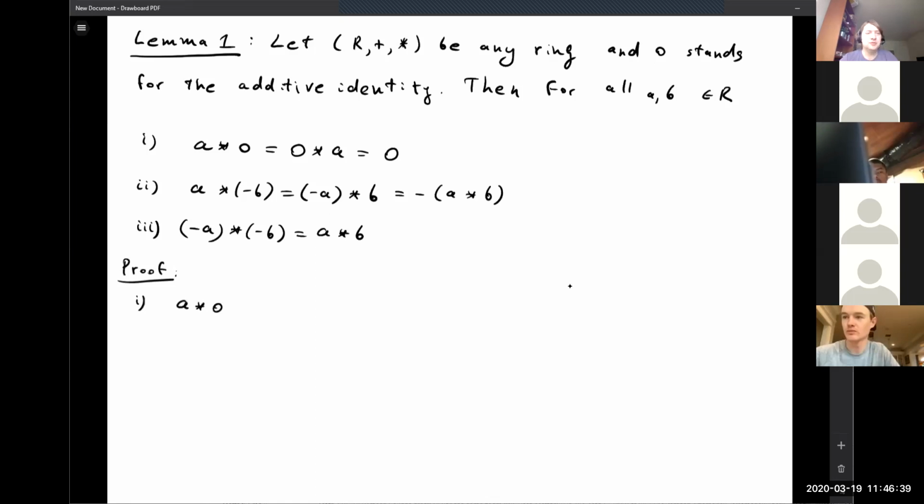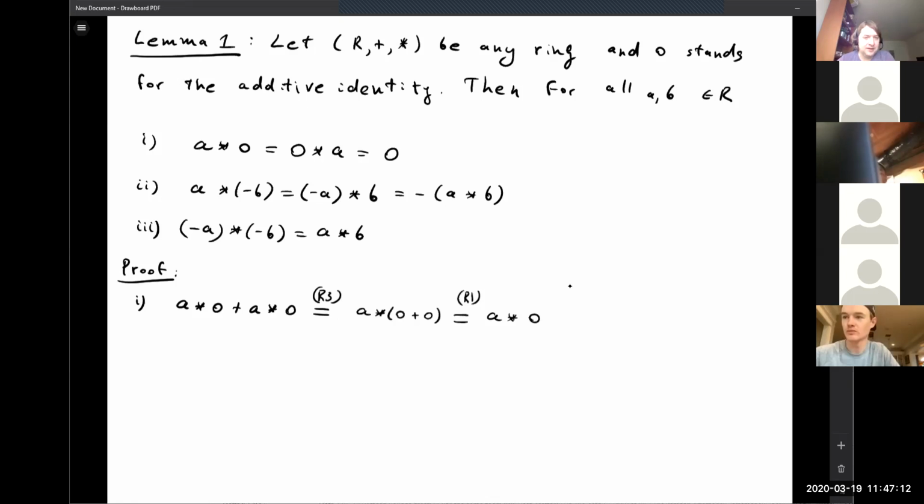Our goal is to prove that A star 0 is 0. We will take A star 0 and add it with A star 0. Then by the distributive law, R3, that must be the same as A star 0 plus 0, right? Which, because 0 is an identity of an abelian group, is the same as A star 0.